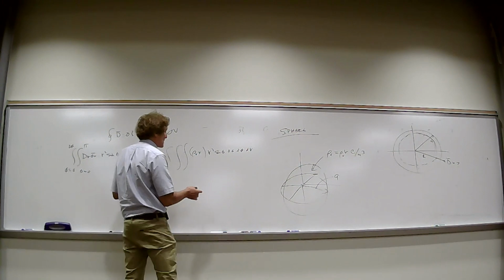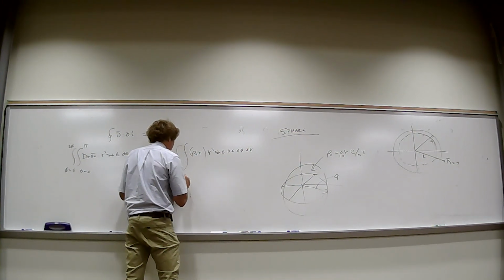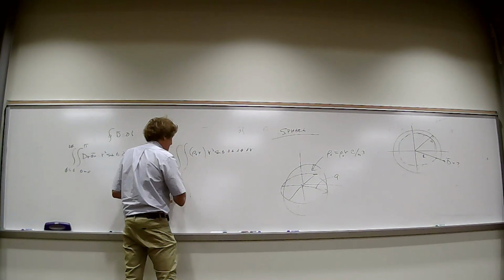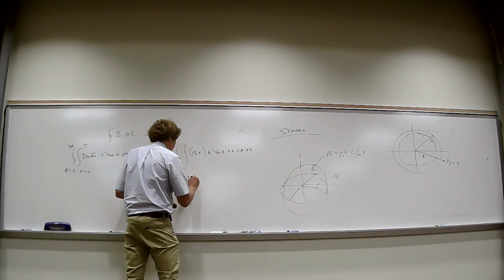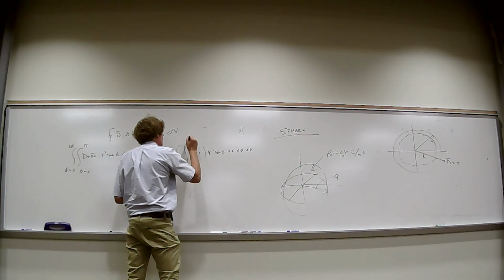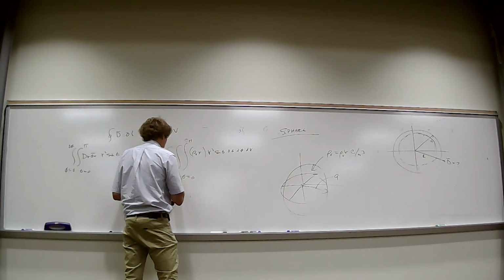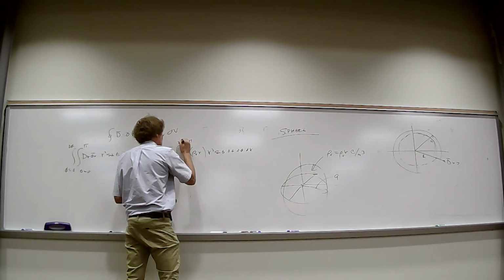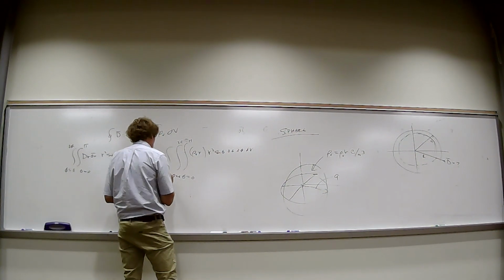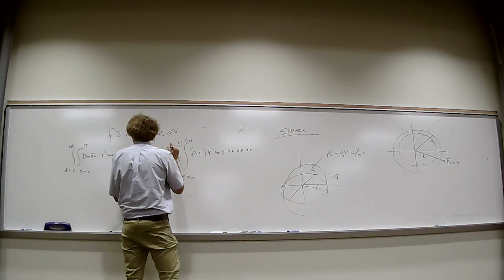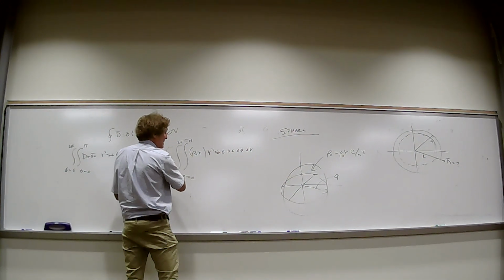Now we put the limits on here. Theta will go from 0 to pi. Phi will go from 0 to 2 pi, and dr will go from 0 to r, whatever the r distance is that we're at.